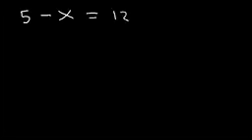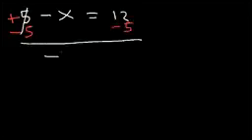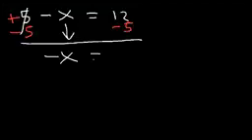Try this one. 5 minus x is equal to 12. So what's the first thing that you would recommend that we should do? We need to move the 5 from the left side to the right side. So let's subtract both sides by 5. So negative x is equal to 12 minus 5, which is 7.